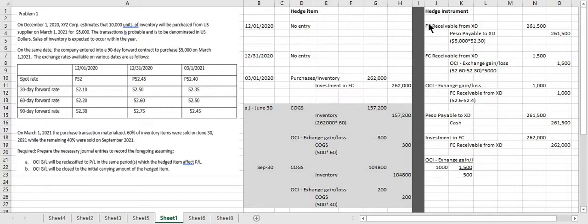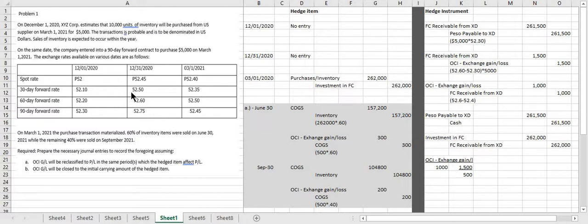Okay? Now, for the hedge instrument naman, we will have to record either gain or loss. Ayan. In this case, yung forward contract natin, the remaining time is 60 days na lang on December 31, 2020. 60 days na lang until March 1, 2021.